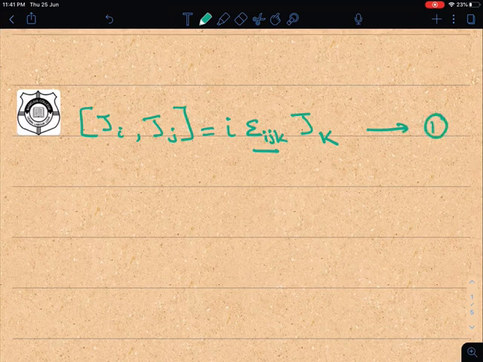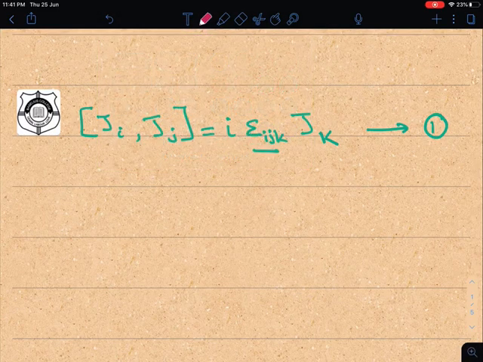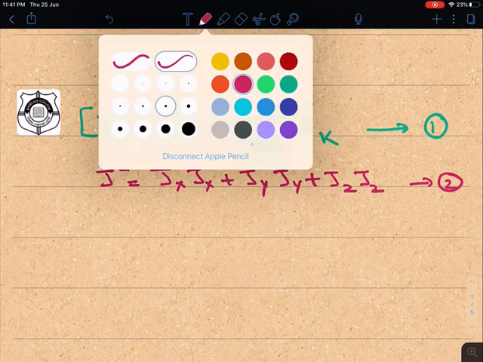So that was our first equation in the first video on commutation relations of angular momentum. In the next one, we talked about J square, and we defined it as Jx square plus Jy square plus Jz square.